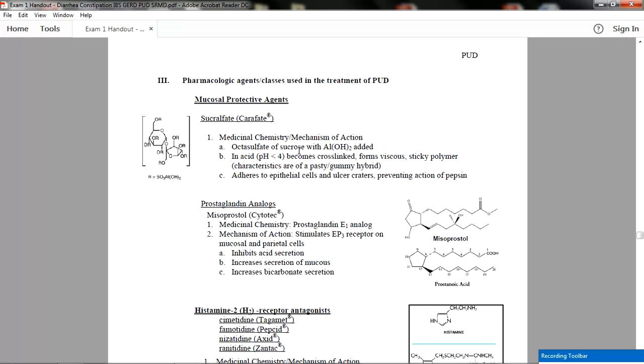Okay, but it's a very interesting one to me because it's a lot different from most of the drugs we talk about. Sucralfate is an octasulfate of sucrose. All these R groups are sulfates, with aluminum hydroxide. In acid, specifically below about pH 4, it becomes cross-linked. I've done this experiment in the lab just to test it, because we have it.